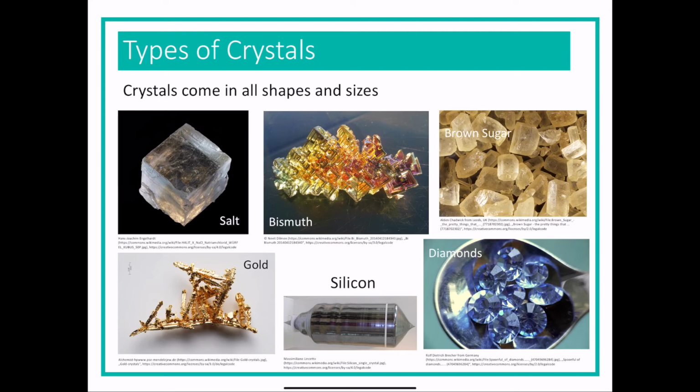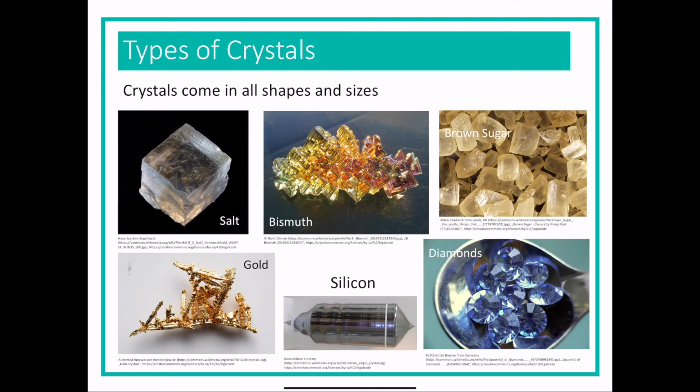You'll notice that silicon is actually pictured as a kind of silver thing. And that's what it actually looks like when it forms a crystal. It's actually kind of a silver, long, cylindrical thing that we will talk about how it's made in a little while. But basically, silicon makes a structure that is unique and can be used to do many things.